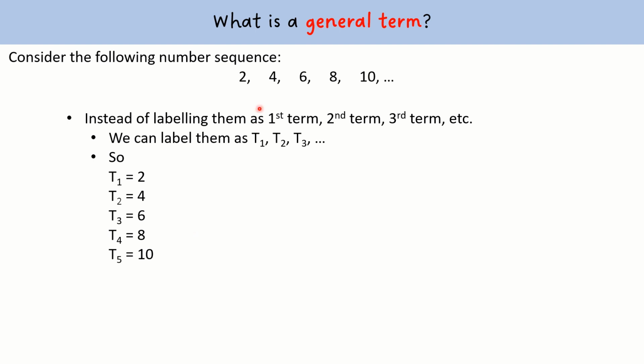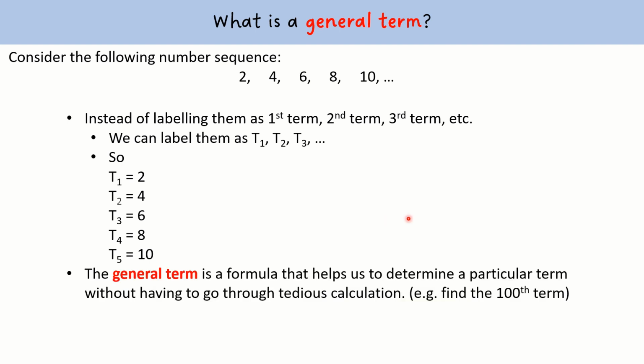So for this particular number sequence, we can say that the first term T1 is equal to 2, T2 equals 4, and up to T5 equals 10. So what exactly is a general term then? The general term is actually a formula that helps us to determine a particular term without having to go through tedious calculation.